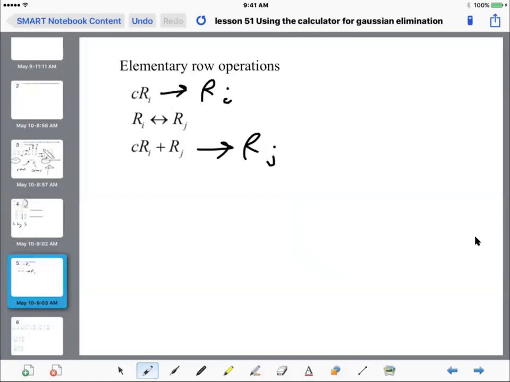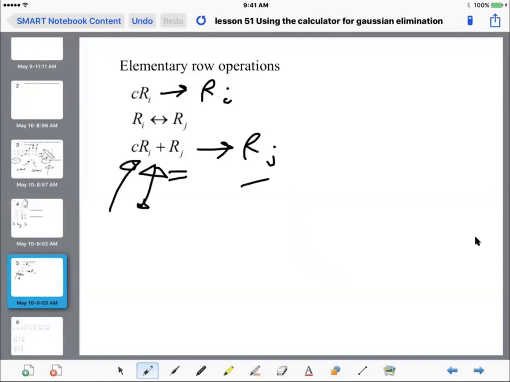You can take a row of an augmented matrix and multiply all numbers by a constant and replace that row with that new list of numbers. You can swap any 2 rows, or you can add to any row the result of what you would get if you multiplied a different row by some constant.